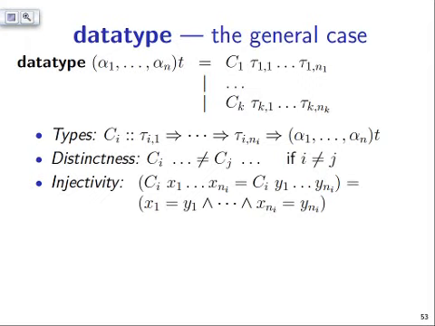argument-wise equal. So the first term is some constructor Ci applied to a list of arguments x1 to xni, and the second one is again the same constructor, but with the arguments y1 to yni, and then those two constructor terms are the same if and only if the arguments, the xi and the yi, are the same.